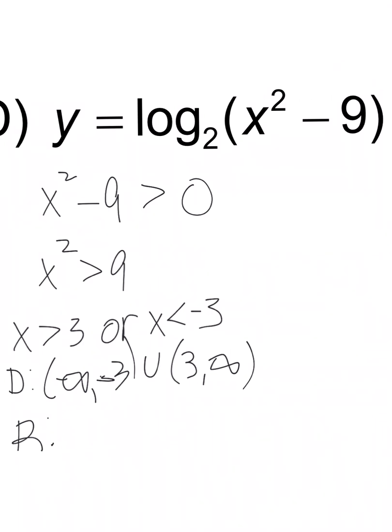And remember, we started with the input of 3, gave us a 1, and now that we increased our value, our y value's increasing, our output's increasing as well. We could just do one more check on it. Let's say if I plug in 5, I get 5 squared is 25. 25 minus 9 is 16. So log base 2 of 16. Actually, that gives us a nice neat number of 4.